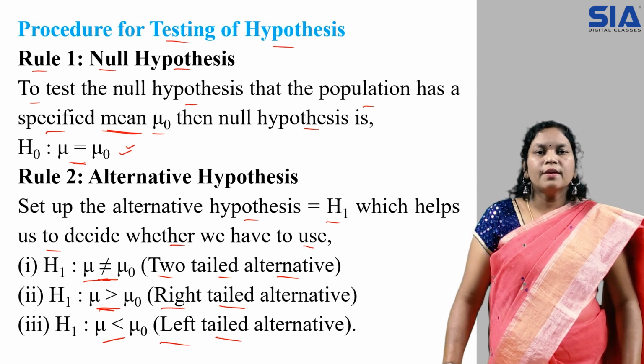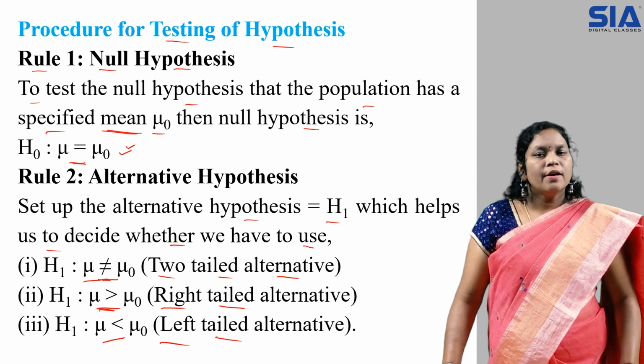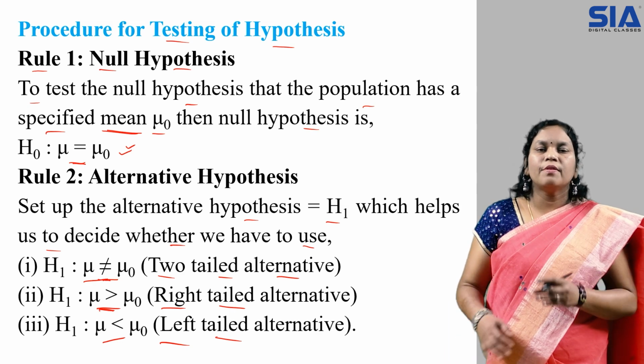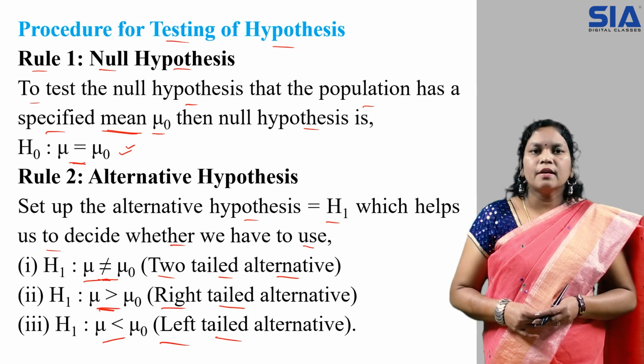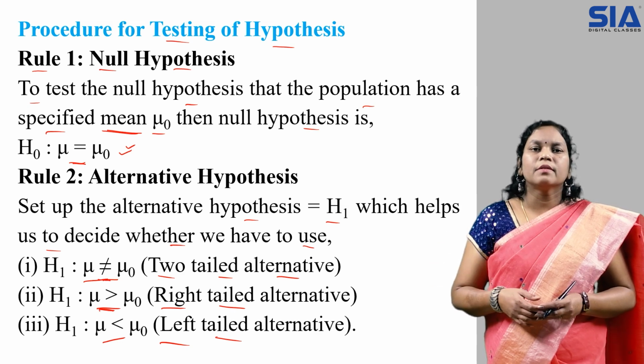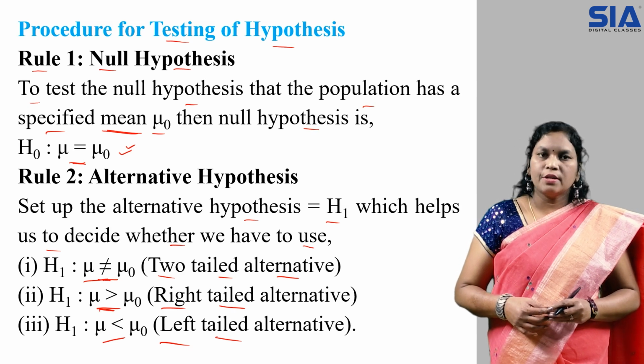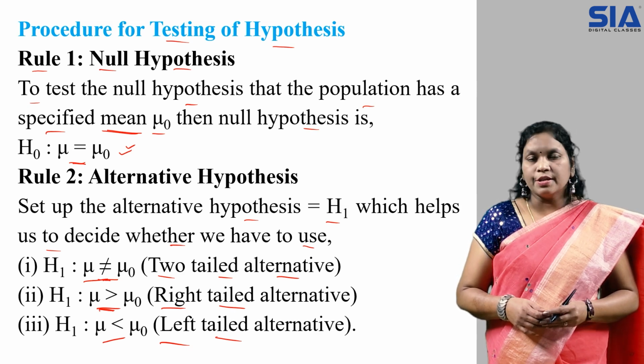So for that we have given titles: two-tailed, when two sides of the curve get the critical values, greater than right side, less than left side. So there are three different types of alternatives. That we discussed here.